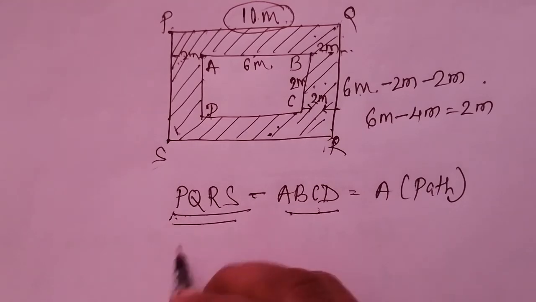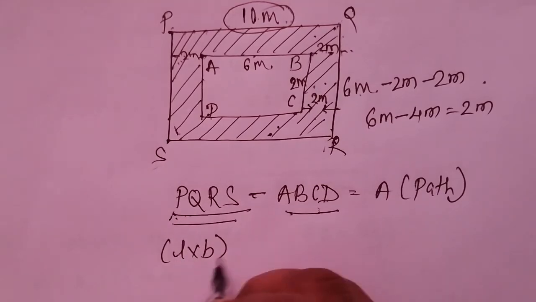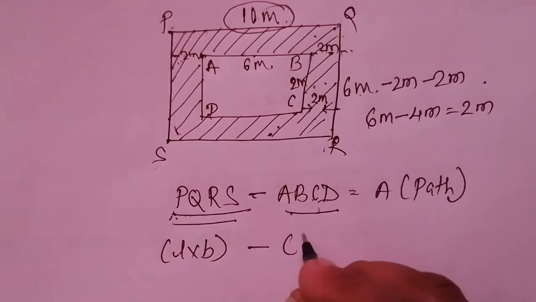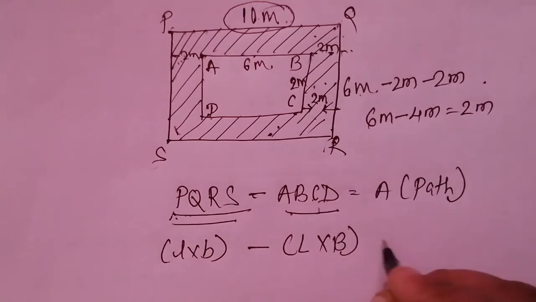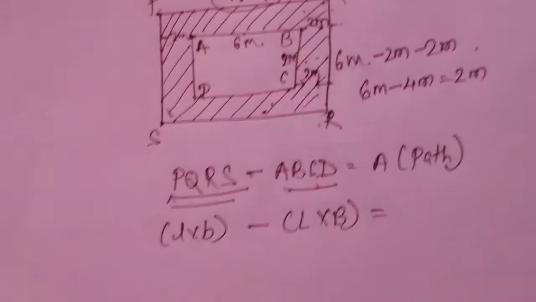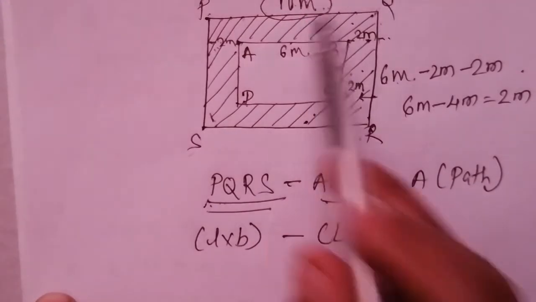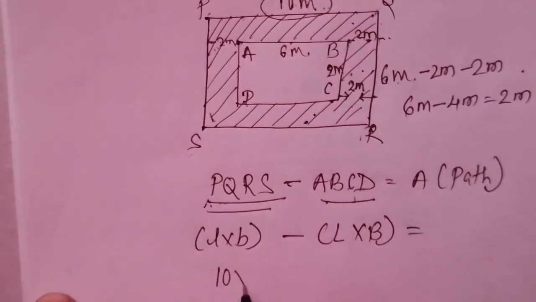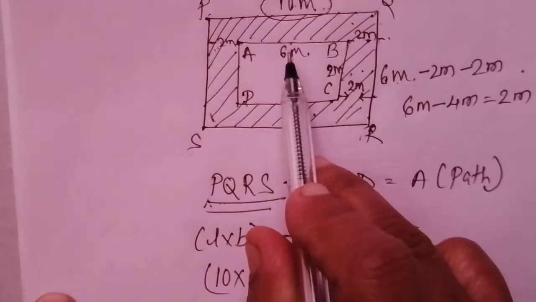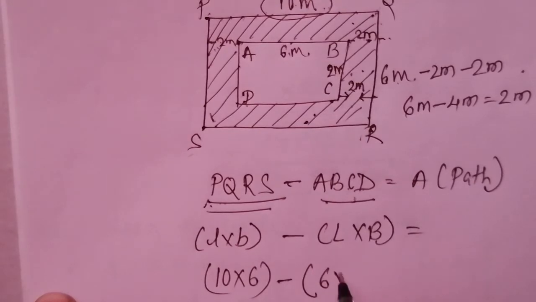Now you have the dimensions for PQRS and the dimensions for ABCD. What is the area? That is length multiplied by width. For this length multiplied by width, minus this length multiplied by width, you will get the area of the pathway. For PQRS, the dimensions are 10 and 6, so 10 multiplied by 6, minus for ABCD, 6 multiplied by 2.